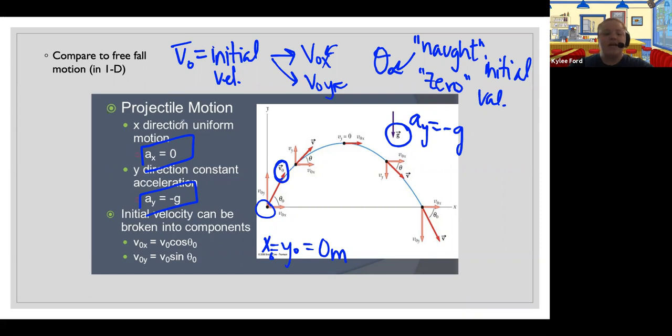And in order to break these down into component forms, our velocity, sorry, I'm getting a little out of order here, but I just noticed this. The initial velocity in the x direction we can simply say is v naught times cosine of theta naught.